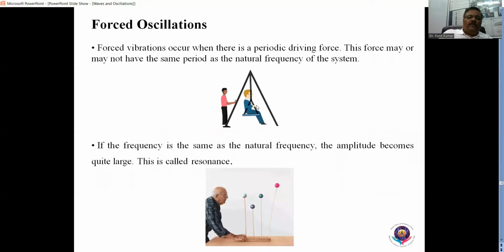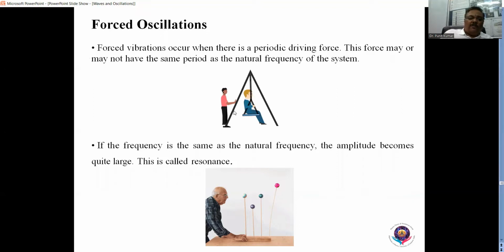When you see this example, there's a swing. A person pushes it to set it into motion. So the swing comes into oscillation like a pendulum only when this person pushes it, or when the rider himself jerks it. So the oscillations come into practice after the exertion of a force.